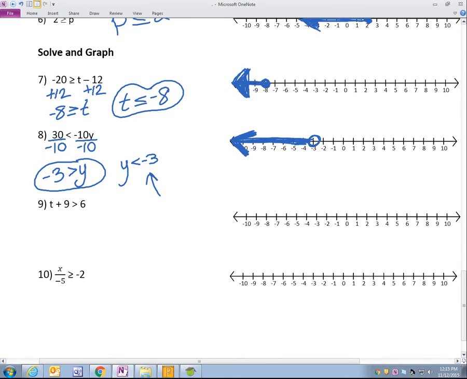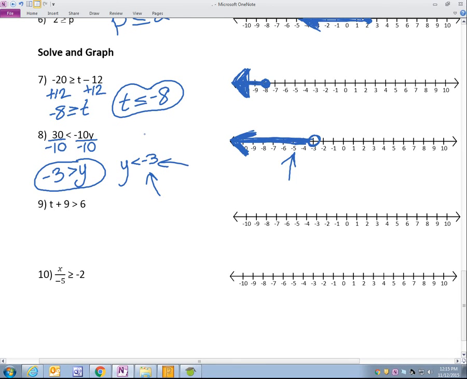Now, I wanted to remind you what that means. It means that when y is less than 3, if I were to put any number, decimal, fraction, that is on that line, for example, negative 5, it will be true.